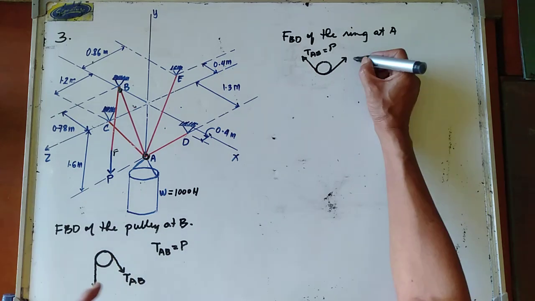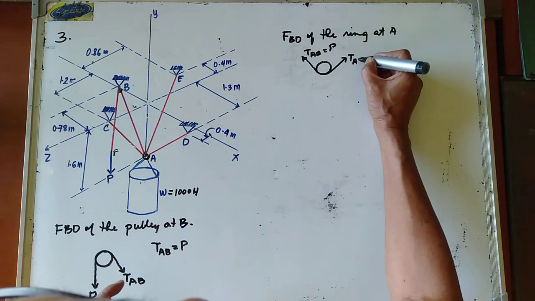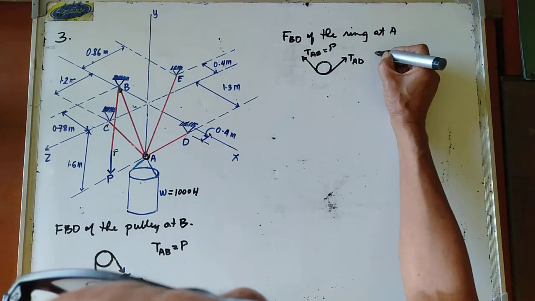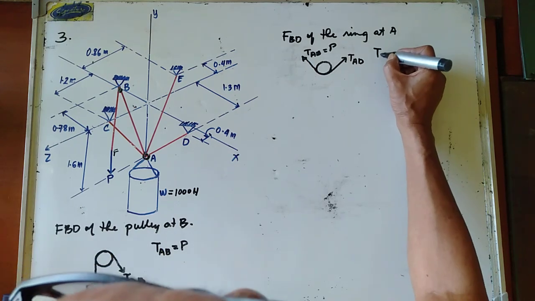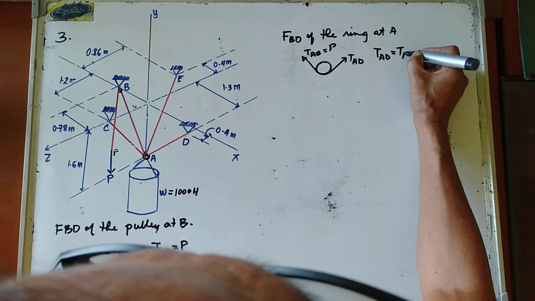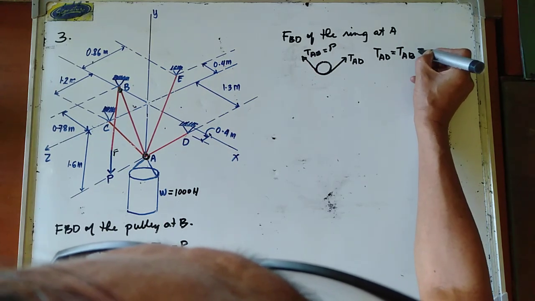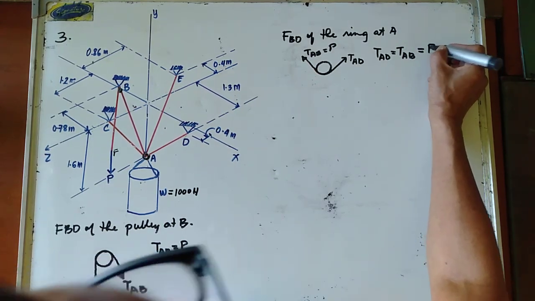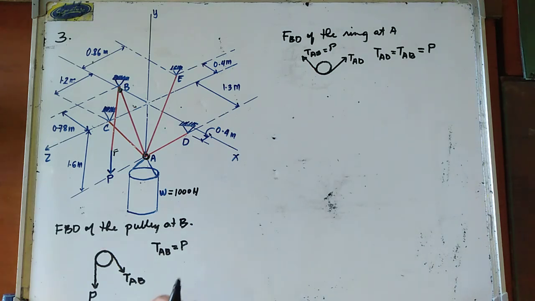This is now your TAD. Hence, your TAD is equal to TAB, and that one is therefore equal to P.